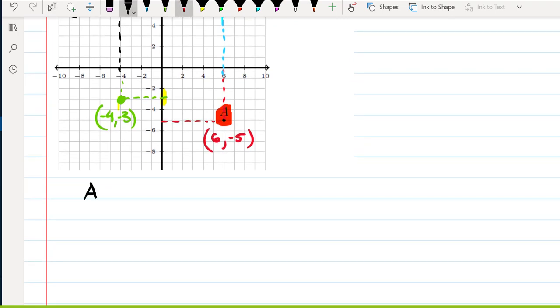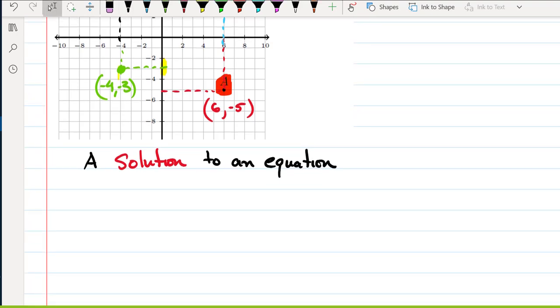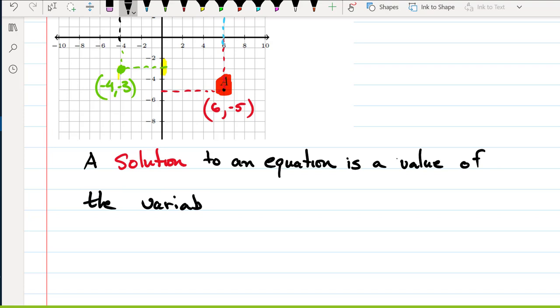All right, the next thing we need is a definition. A solution to an equation is a value of the variable or variables that makes the equation true.